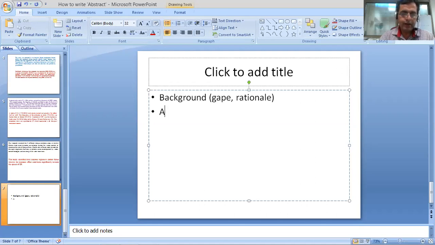Then you have to state the aim of the study, followed by the methods that you have used, and this should follow your brief results. And the results should not be in great details. You can give only your significant results. And finally, the conclusion that you draw from your results.